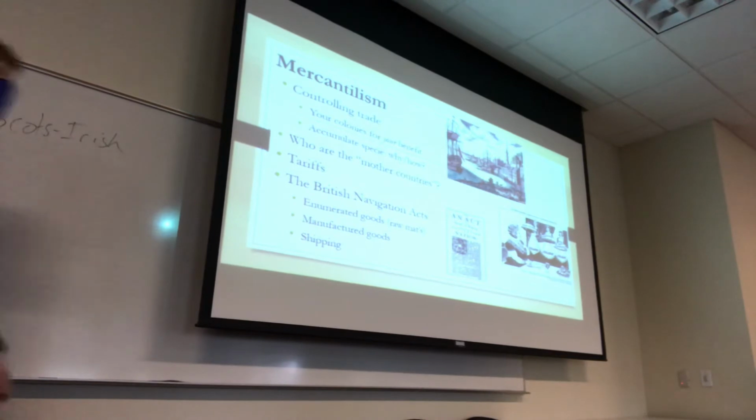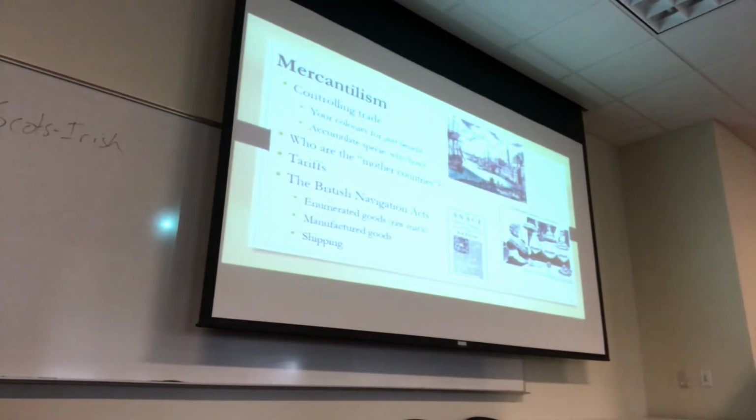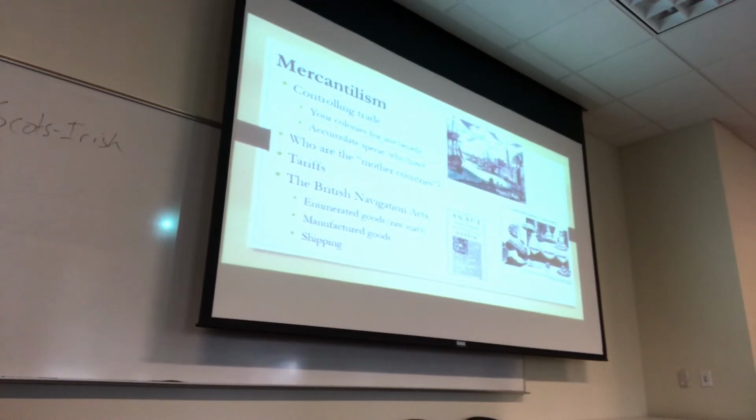Shipping? Yeah, they pass a handful of laws that regulate shipping that say, for example, only British ships, like British flag ships, can do business in British colonial ports. They didn't want French and Spanish merchants, Dutch merchants sailing to Savannah, New York, Boston, and peddling their goods or benefiting from purchasing British colonial raw materials.